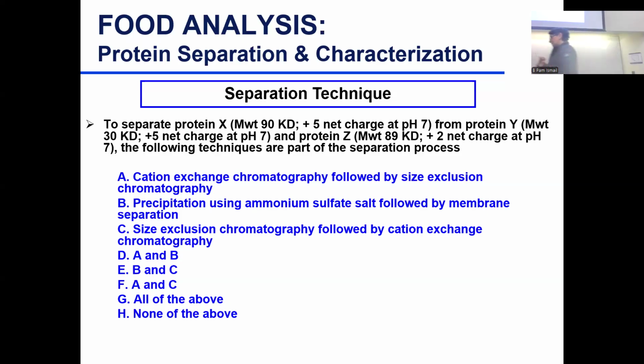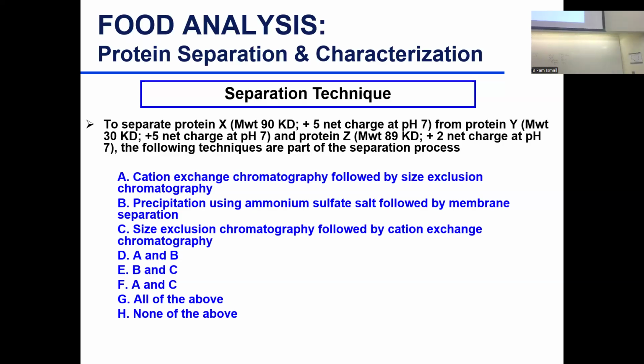So I can get Z out, but then I will end up with two proteins that have similar charge but different molecular weight. Then I can separate by size exclusion. I can do the opposite. I can do size exclusion first, separate X and Z from Y, because Y has a different molecular weight, and then do a cation exchange to separate X from Z.